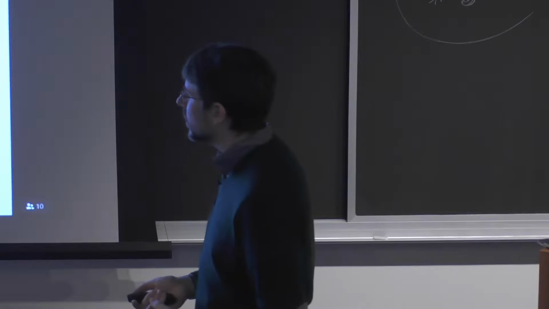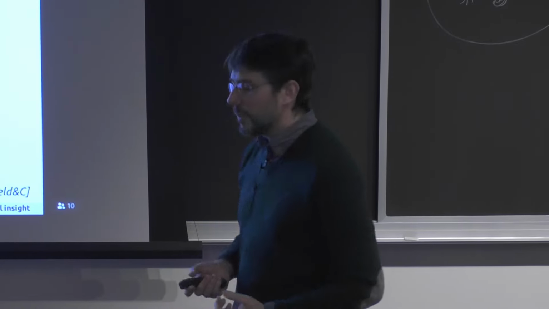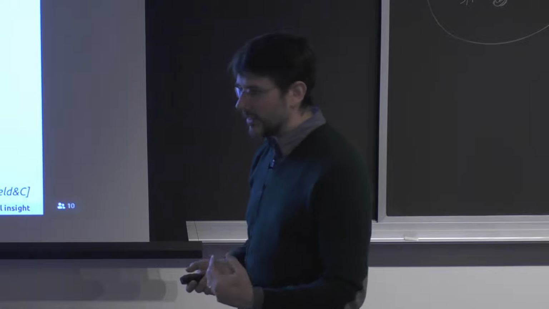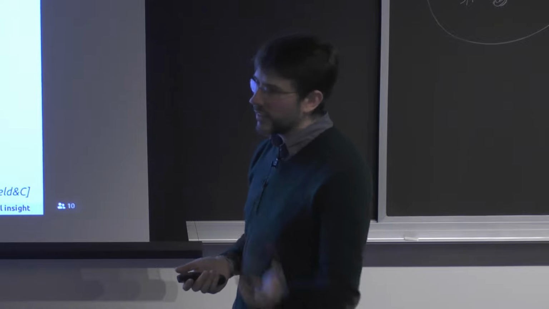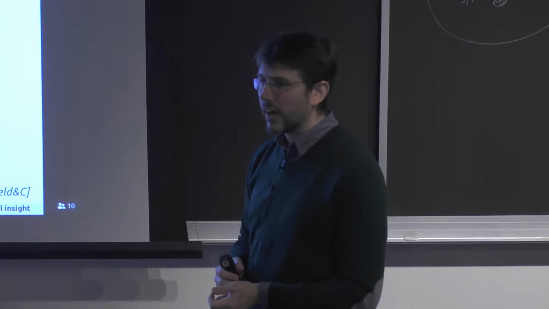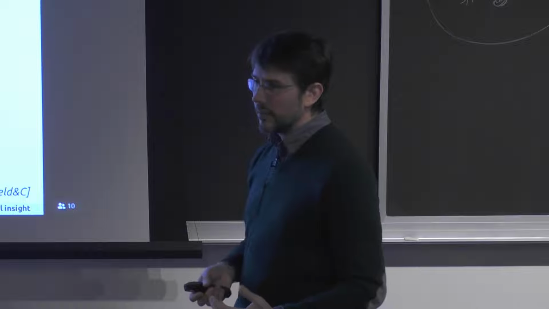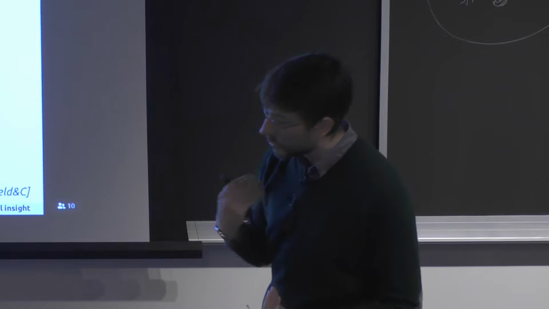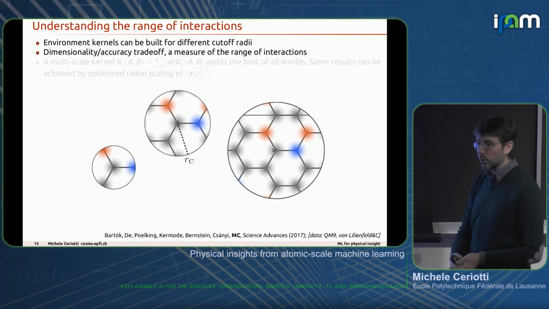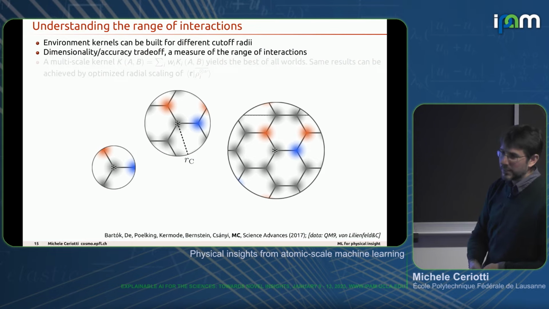Another thing that you can do is what I call model introspection, which is basically using this understanding of the structure of a model together with ablation studies or other types of numerical experiments to make some inference on the nature of the physical interactions within a system. So for example, I told you about locality and additivity, but how local is the structure property relationship in my system?